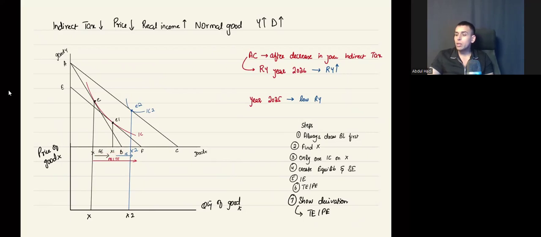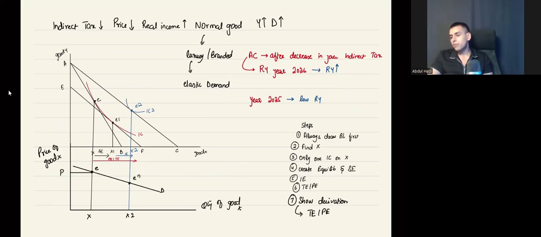Because normal good is luxury in nature, branded and expensive, this means that my PED is elastic, elastic demand. So PED for this good is elastic in nature. I will draw an elastic demand curve in the derivation below, which will clearly show this is the equilibrium, my current equilibrium price level.